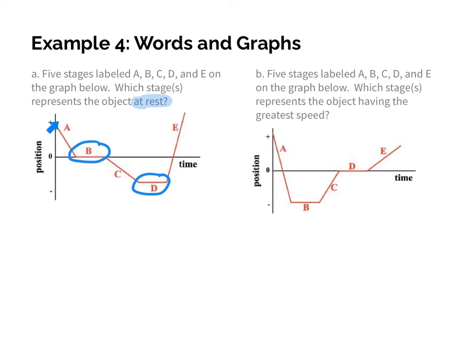From A, it's showing an object moving in a negative direction. It's going downward. Now, don't think of this as up and down, but this could be moving south, could be moving west, could be moving left, could be moving down. C, that's also going downward, moving in a negative direction, so again, same thing. But now also in E, notice how the graph goes upward.